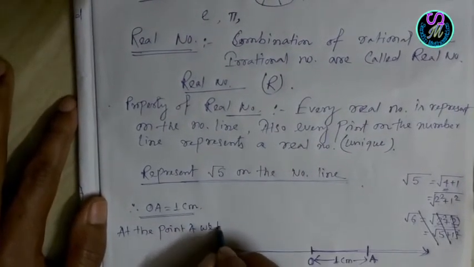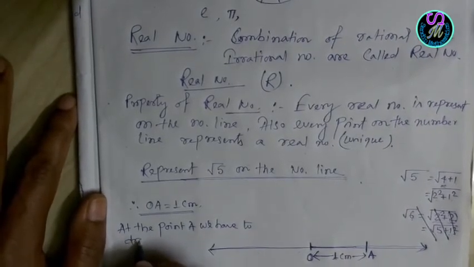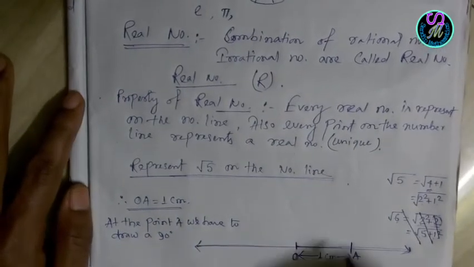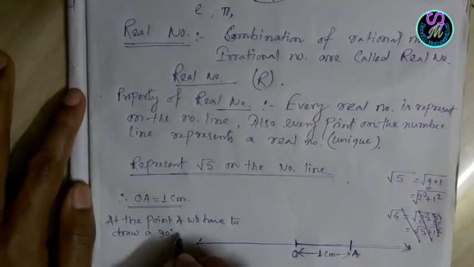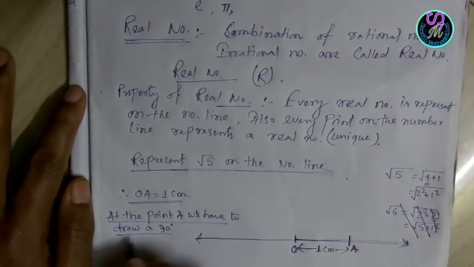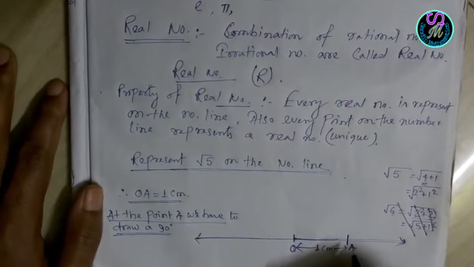Then at the point A, we have to draw a 90 degree angle by using the compass, not the protractor.